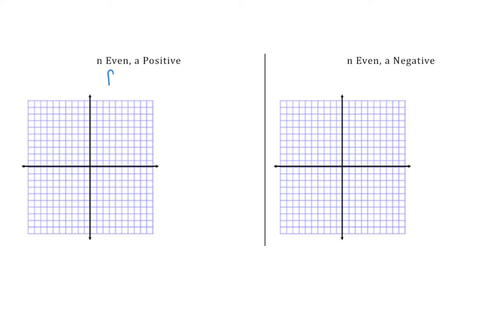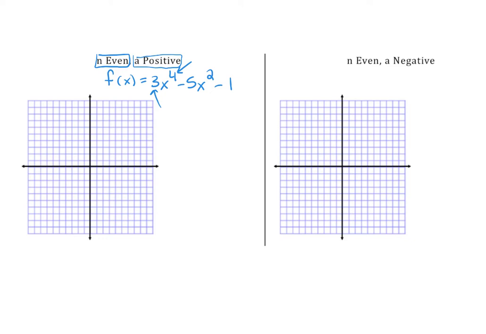So the first one, f of x equals 3x to the fourth minus 5x squared minus 1. So n is even, that's your exponent. A is positive, that's your leading coefficient. So those two things should tell us some information.